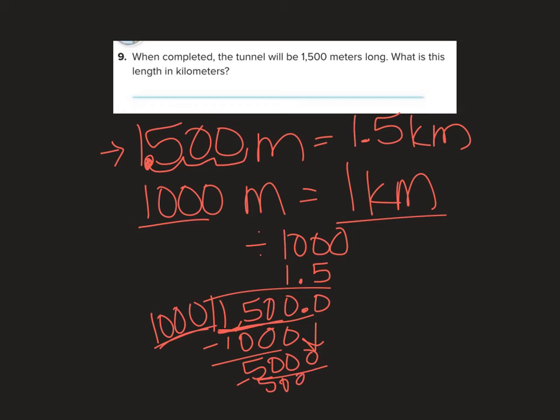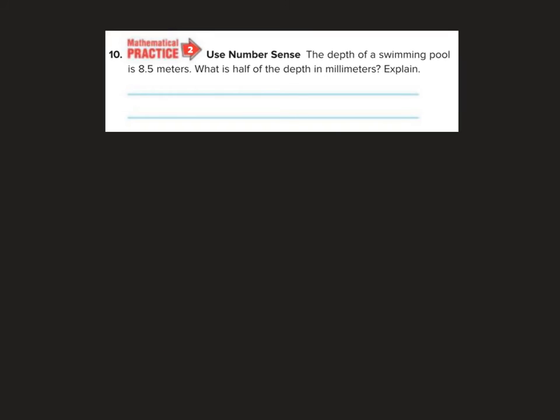Minus 5,000 equals 0. So again, you get 1.5. My way was a lot faster than writing it all out, but if you forget what you're supposed to do, by all means, write it out and do the math. It gets tricky with all the zeros, especially when we're multiplying. So there we go, 1.5 kilometers.